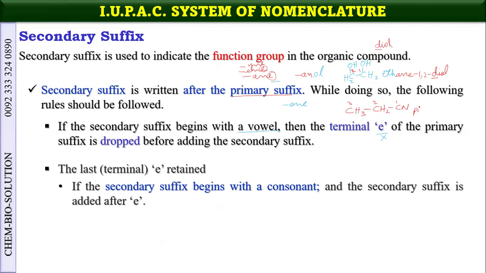We write propane, and without dropping E, we write nitrile. Nitrile is the part of the syllabus, sorry, I forgot. So propanenitrile. Here it is a consonant, so we retain this E.